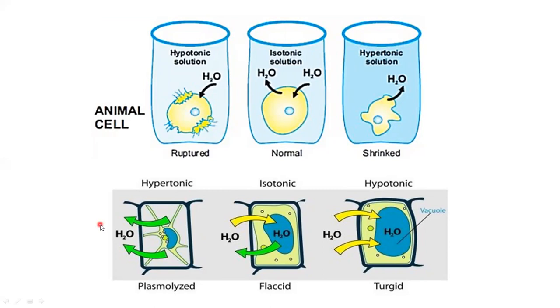While in case of the plants, there are some differences in animal and plant cell when they are placed in hypertonic, hypo or isotonic situations. Isotonic situation remains same for both animal and plant cell. While in hypertonic situation, the plant cell is not ruptured because it has an outermost covering which is rigid, and this tough and rigid covering we call the cell wall.